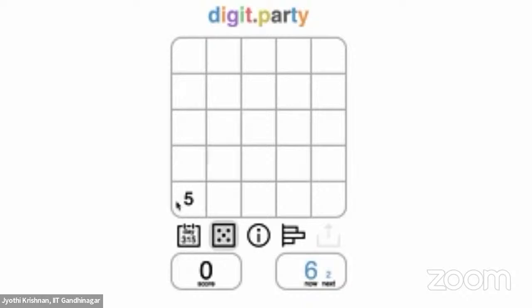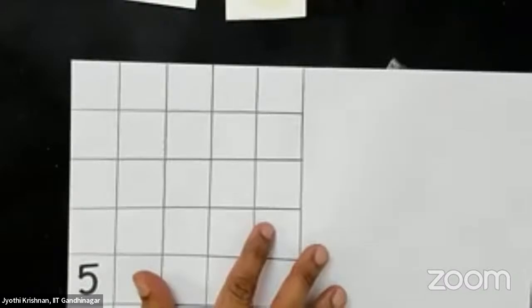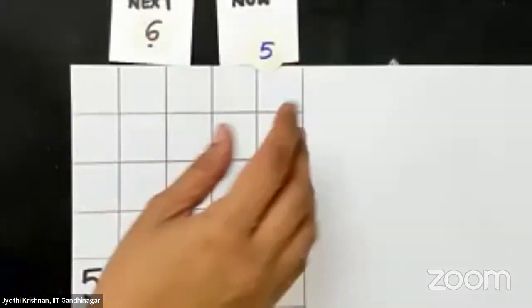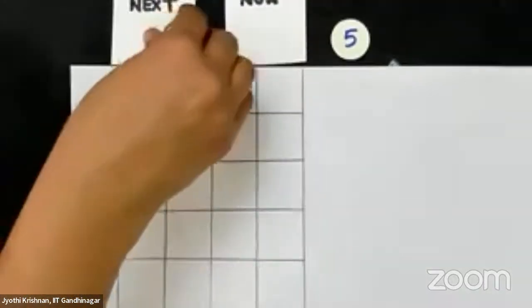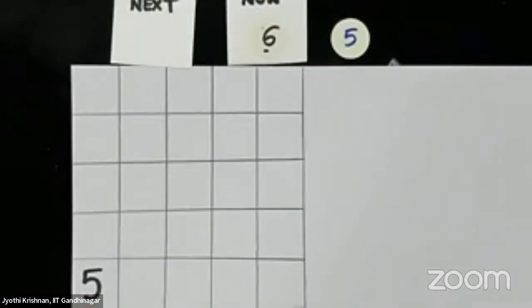Let me show you what I'm doing. The first number was a 5, then it was a 6. After that, it's a 2. So I have to put the 6 somewhere. I'm going to put the 6.